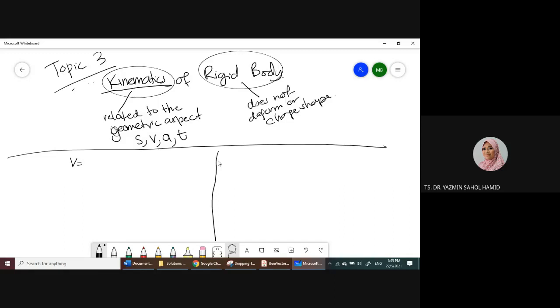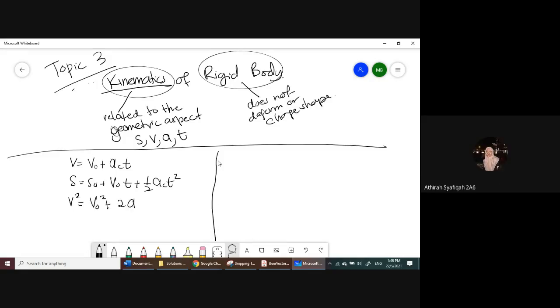V equals to V naught plus AT. Next? S equals to S naught plus V naught T plus half AT squared. Next? V squared equals to V naught squared plus 2A times S minus S naught.